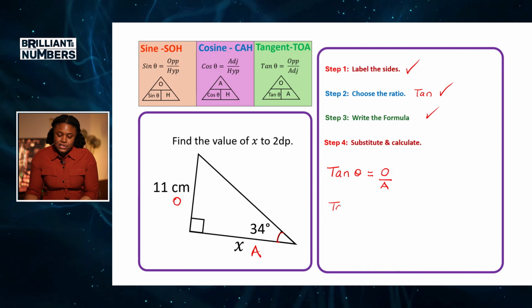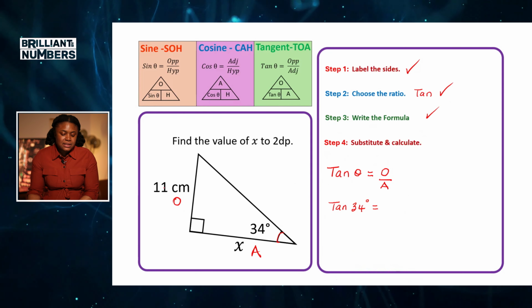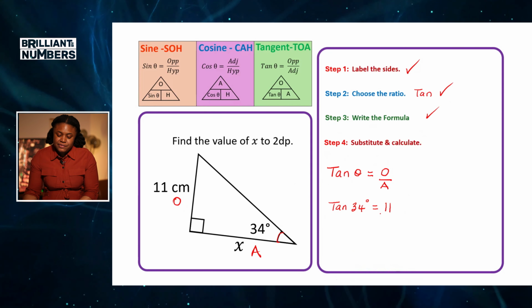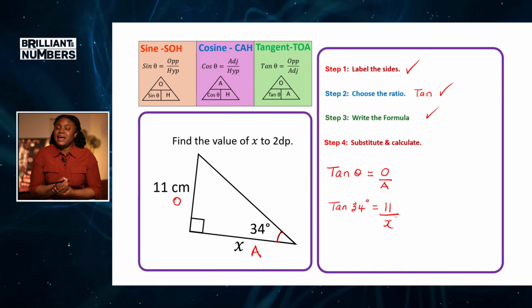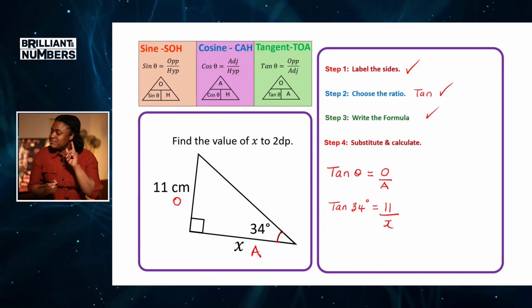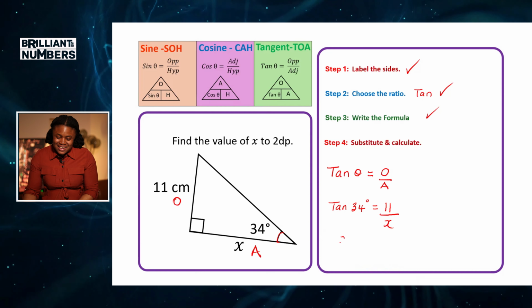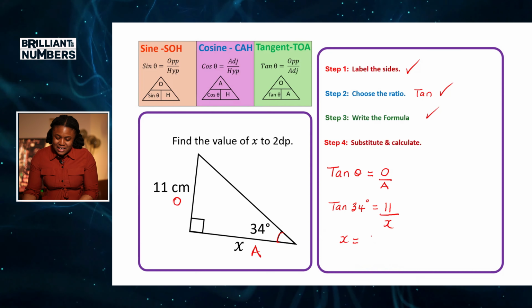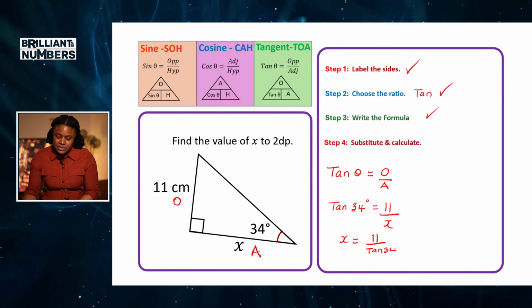So tan 34 degrees is equal to my opposite side, 11, divided by my adjacent side, which is x. I can see here my denominator is a variable. Therefore, I need to, you've said it right, divide. So x then is equal to 11 divided by tan 34 degrees.